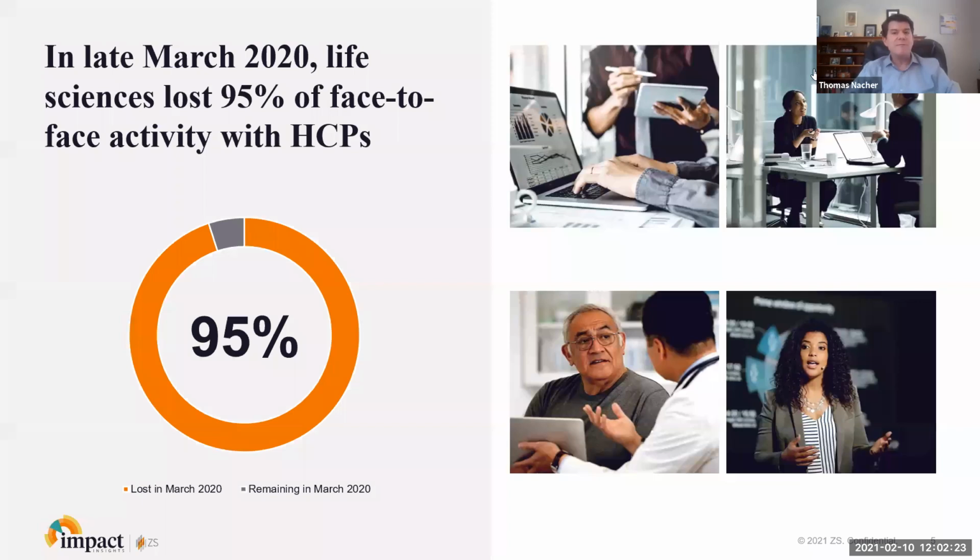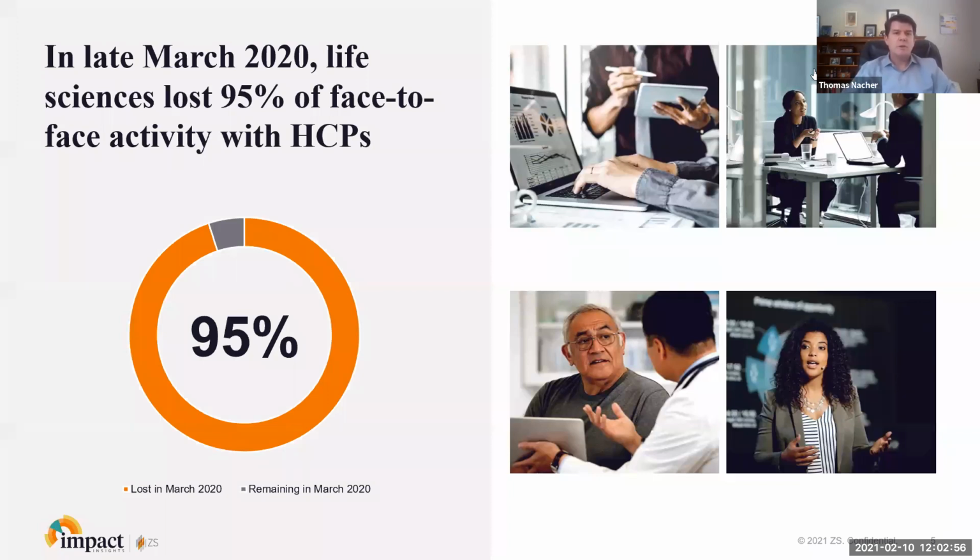First, let me give you a little bit of background of why we feel that this topic is particularly timely, particularly relevant. In order to do this, let me take you back a few months. Back in late March 2020, in just a matter of a few days, life science companies lost 95% of their face-to-face interactions with healthcare providers. 95%.